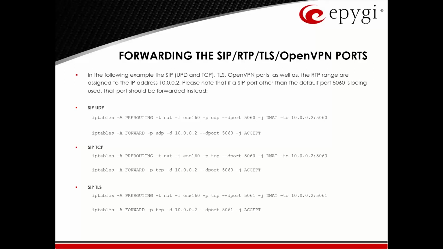Forwarding the SIP, RTP, TLS, and OpenVPN ports. In the following example, the SIP UDP, SIP TCP, SIP TLS, and OpenVPN ports, as well as the RTP port range, are assigned to the IP address of 10.0.0.2 using the shown command line directives.